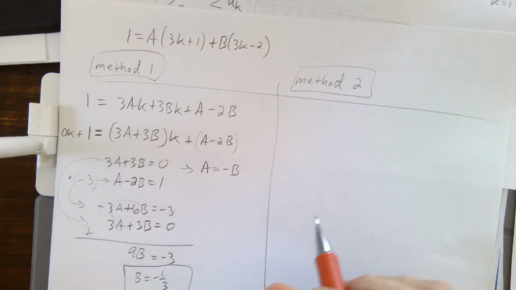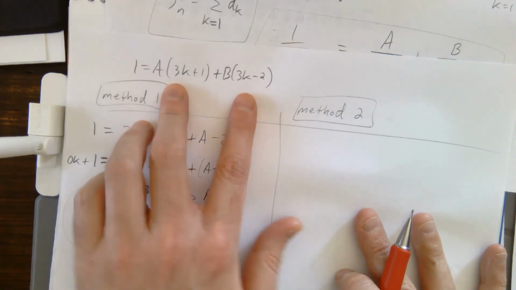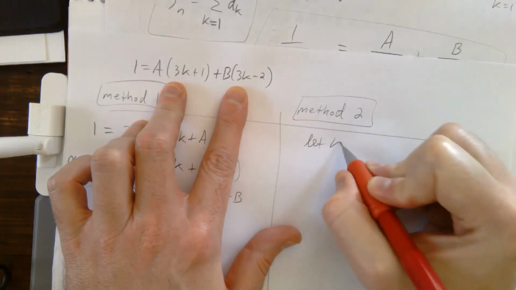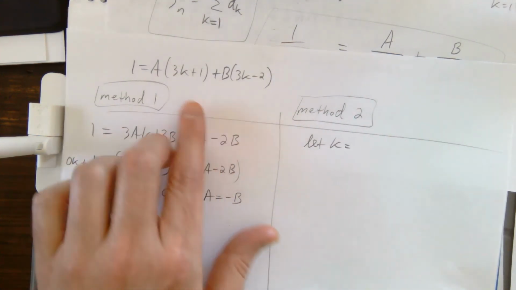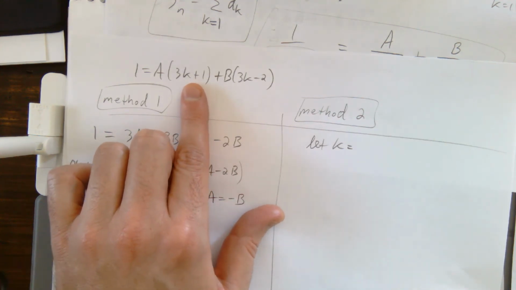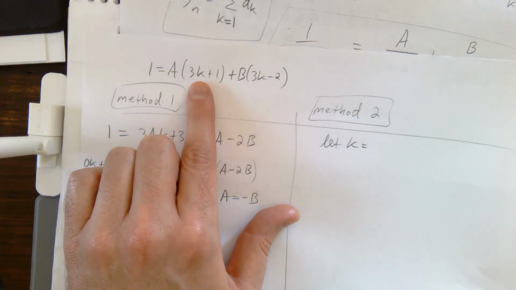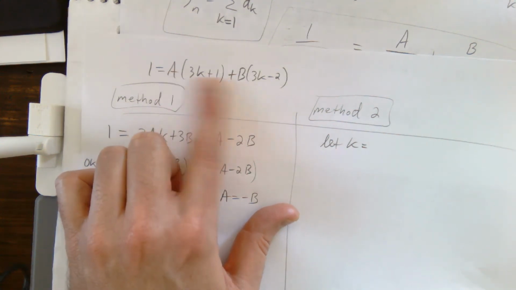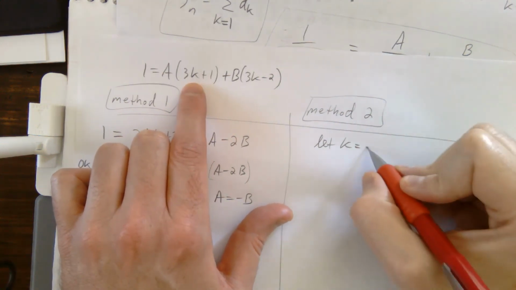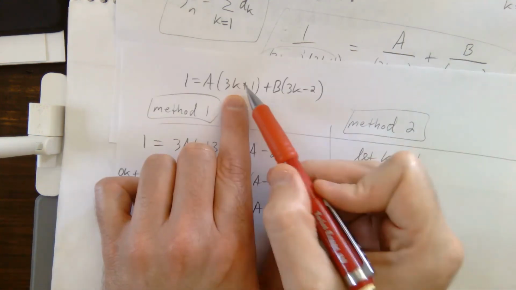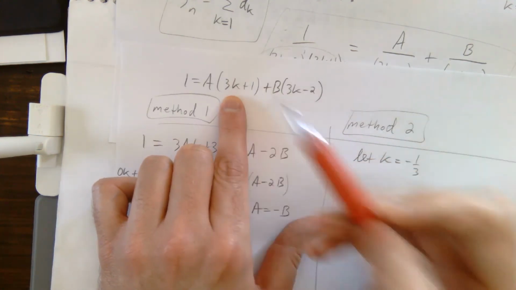But here we start with our original, and we just let k be some number arbitrarily that will force one of these quantities that multiplies our coefficient a to be 0. So -1/3 is a prime choice. -1/3 times 3 is -1, plus 1 is 0.